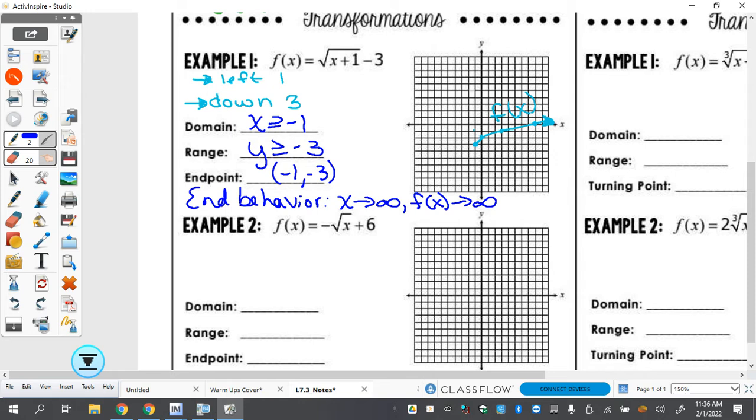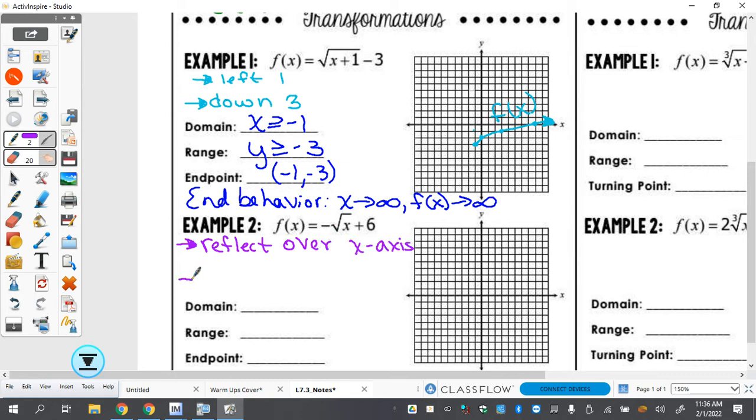So in our second one there, what are those two transformations that are happening? What does that negative out in front do? Yes, reflect over the x-axis.